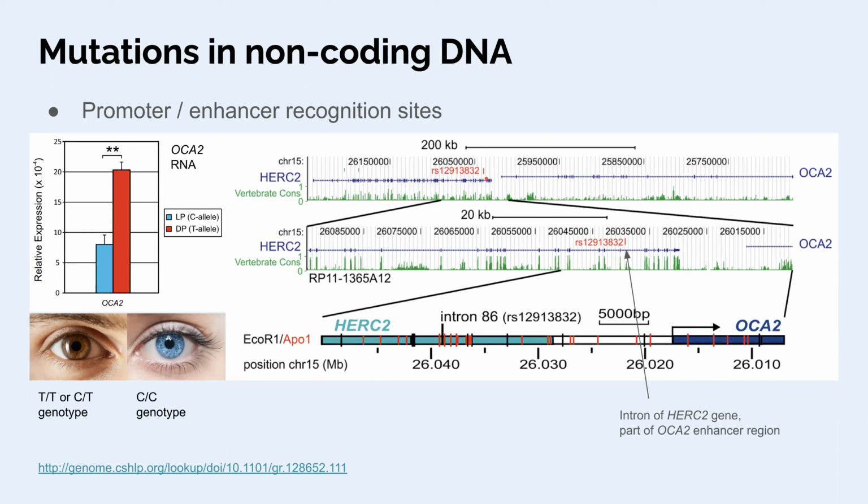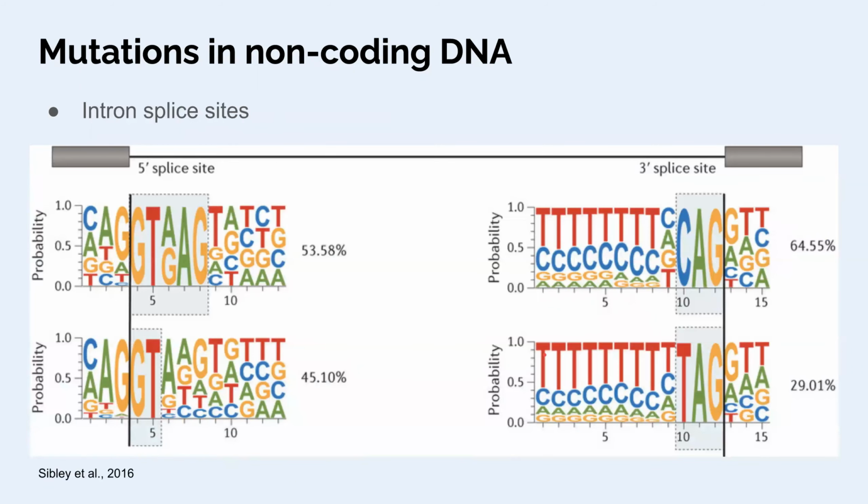It's inside of a HERC2 intron, and it's close enough to OCA2 that this is actually part of the upstream enhancer region of OCA2. So this is involved in making the OCA2 gene get transcribed. That shows us that we sometimes have some overlap between gene regions. So that was inside of an intron, kind of a little intron trivia for us.